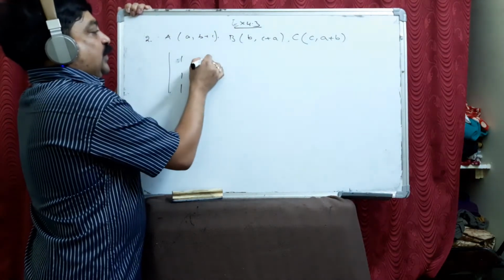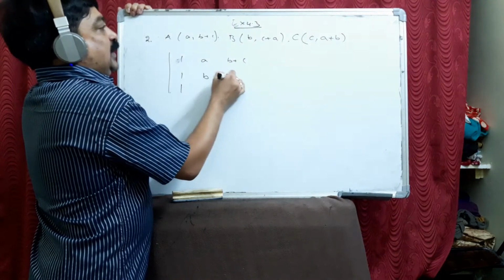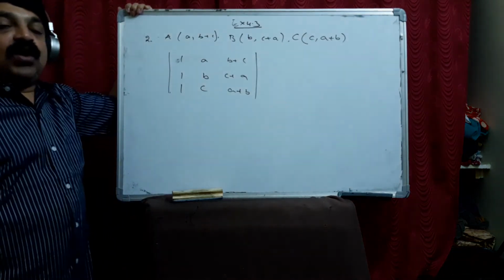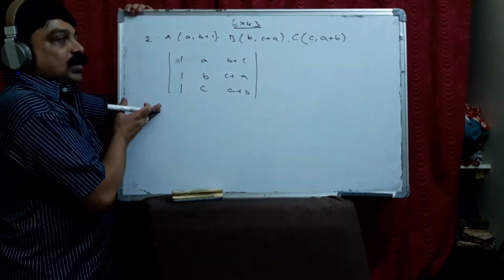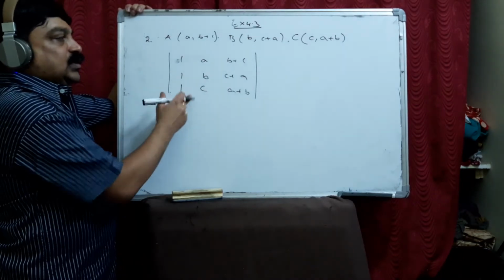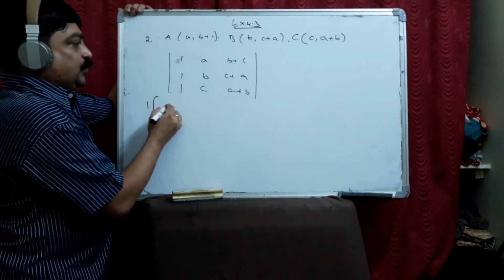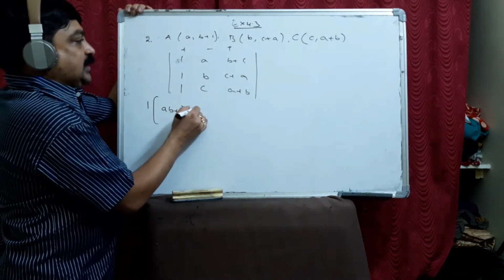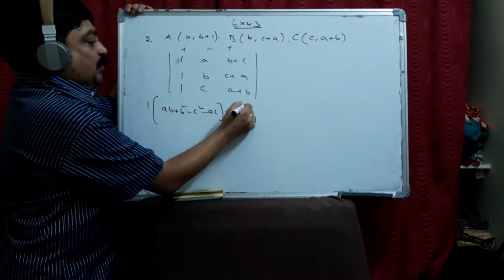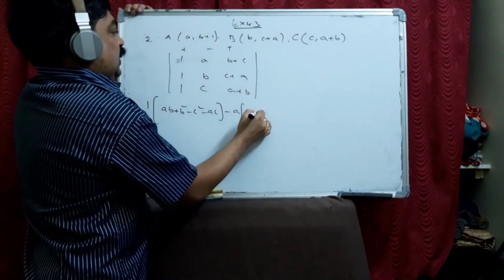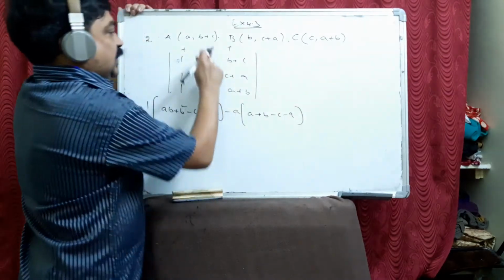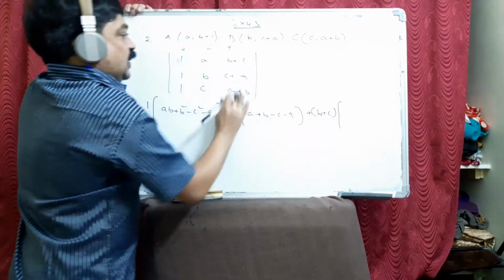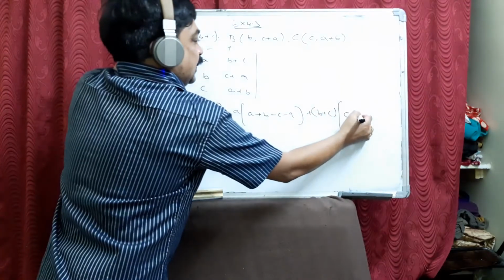1 1 1, a, b plus c, b, c plus a, c, a plus b. You can do direct expansion, or otherwise you can make these two into zeros. Let us expand directly now. 1 into (ab plus b square minus c square minus ac) minus a of (a plus b minus c minus a), plus (b plus c) of (c minus b).